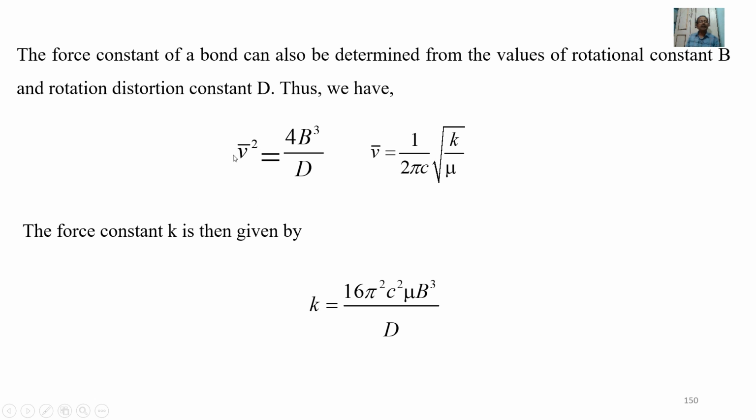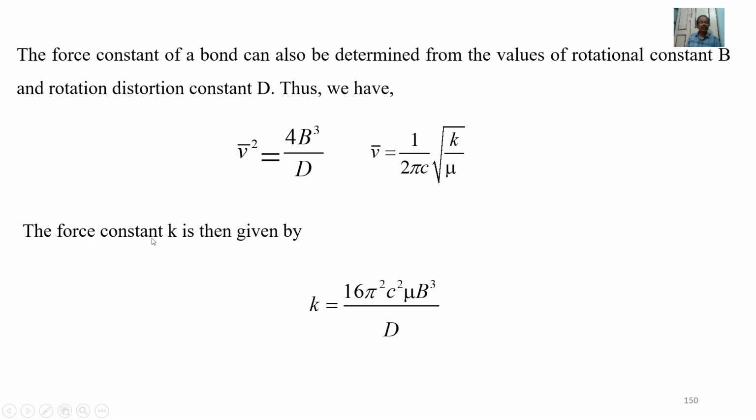The force constant of a bond can also be determined from the values of the rotational constant B and the rotational distortion constant D. The relation between D, B, and nu bar is given by this expression: nu bar squared equals 4B cubed divided by D, where nu bar equals 1 divided by 2 pi c times the root of K by mu.